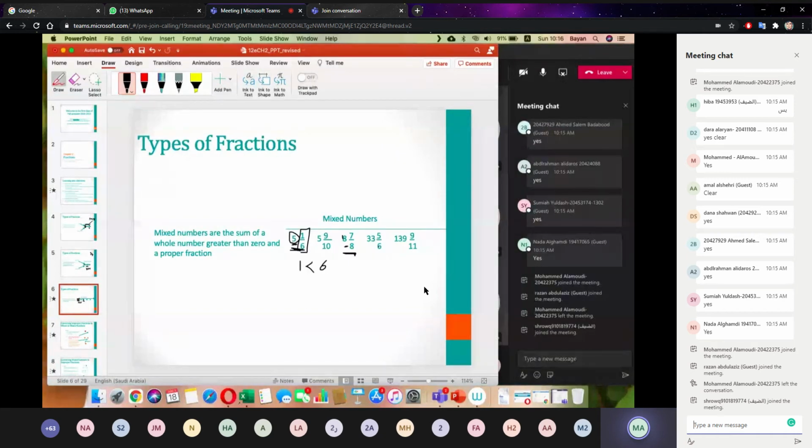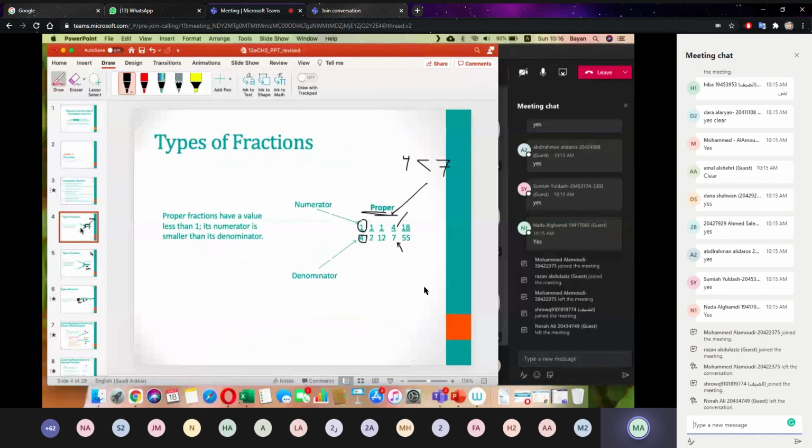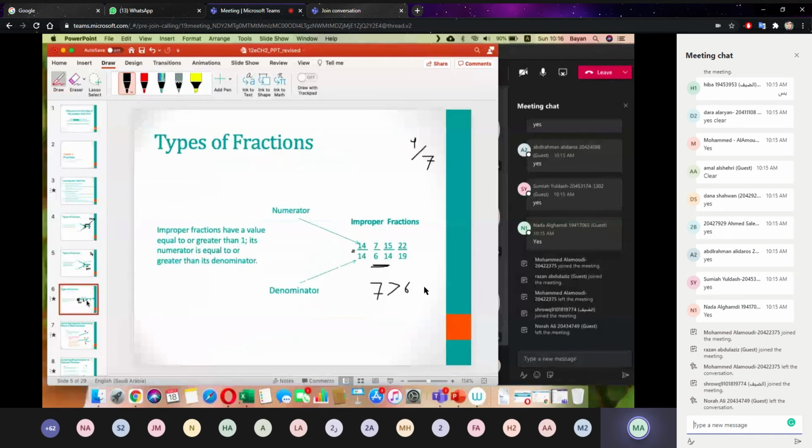Here we have whole number, 5 is less than 6, so we call it mixed number. Clear? So how many types we have? We have 3 types. We have proper fraction, improper fraction, mixed number.